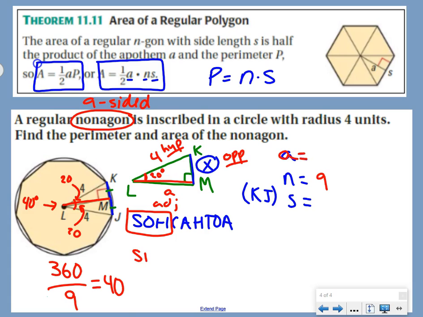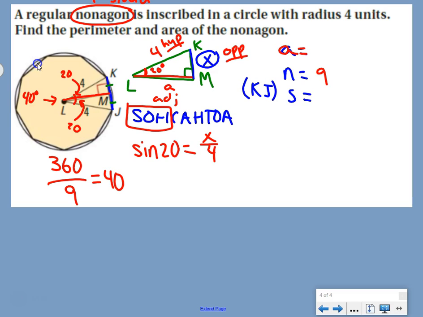So we can say that the sine of our 20-degree angle is equal to the opposite side X over our hypotenuse 4. Solve for X by multiplying both sides by 4, and we get 4 times the sine of 20 is equal to X. Use your calculator to get an approximation for X, and we get 1.37.